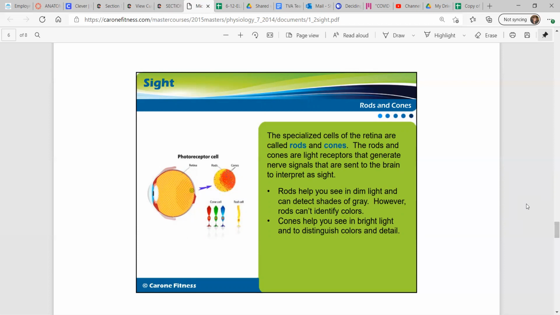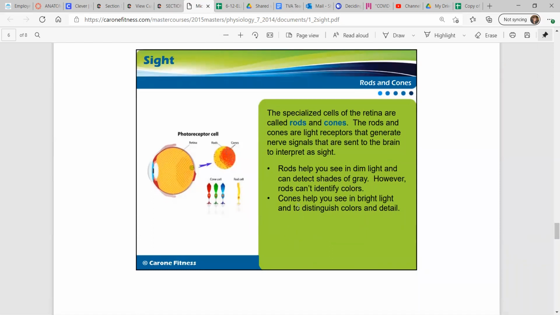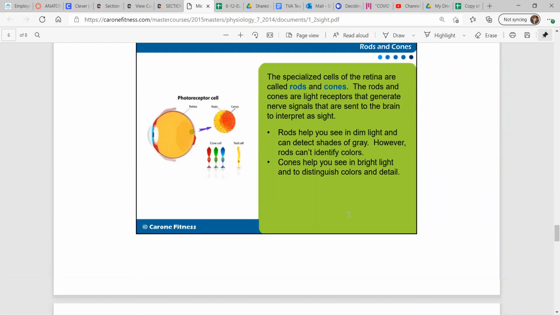However, rods can't identify colors. Cones help you see in bright light and help you distinguish colors and detail. So rods, gray, cones, color. So remember, C for cones goes with C for colors.